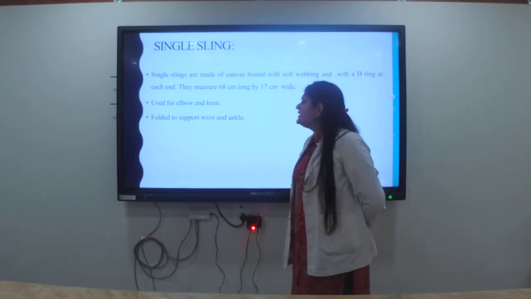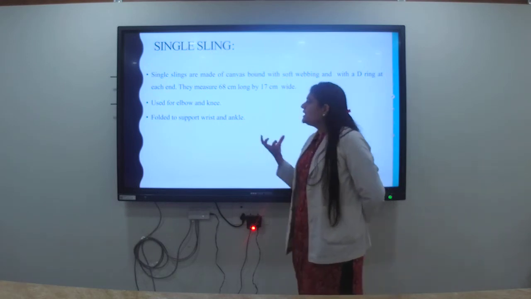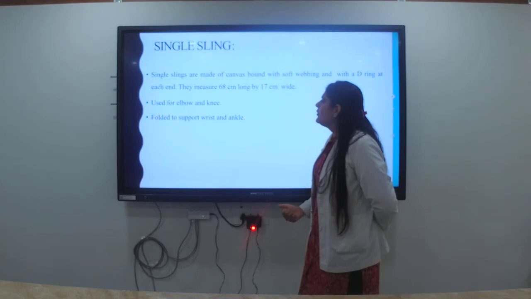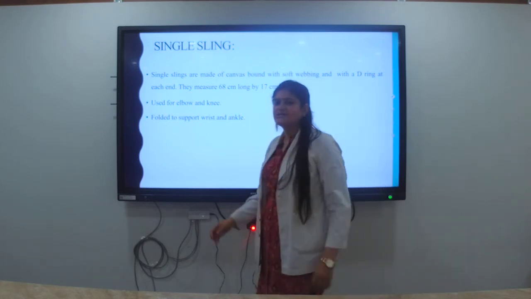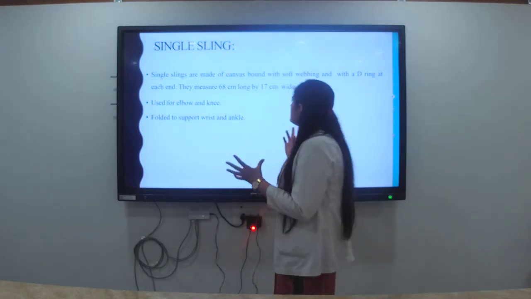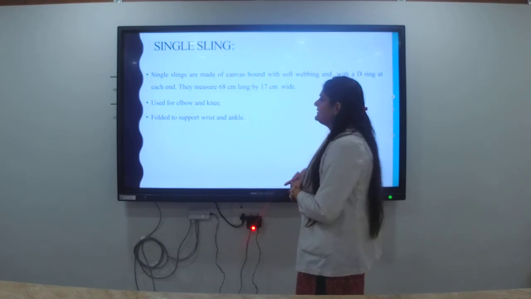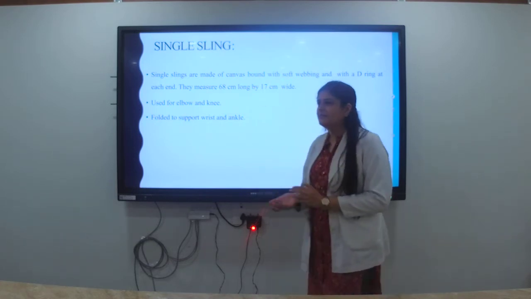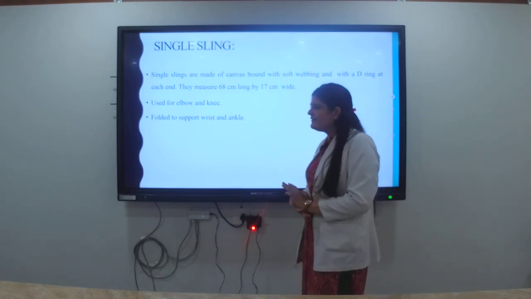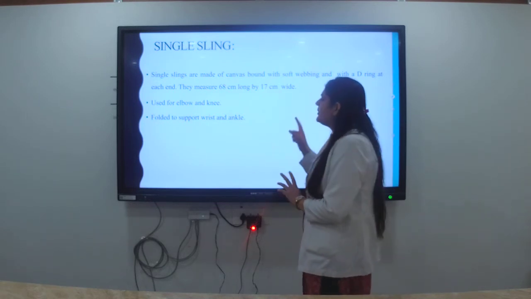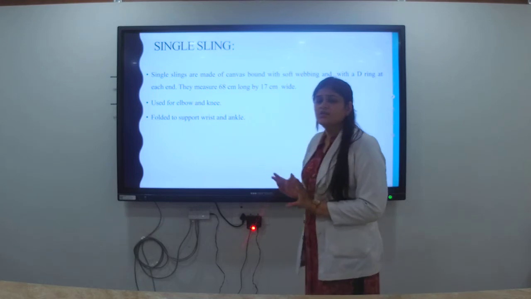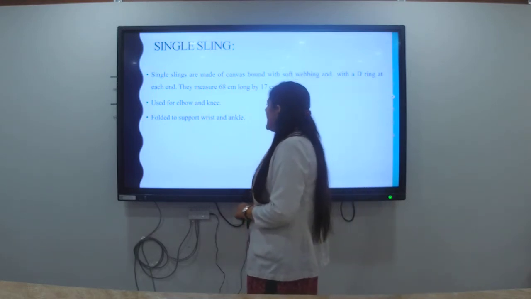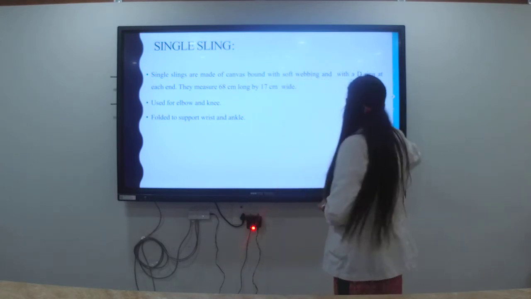They are mainly used for supporting the less heavy joints like your elbow and knee joint, because you just have a small length and a small breadth, mainly the small breadth, as compared to a double sling. So it cannot be used for a very heavy limb, or for a very heavy patient; we prefer a double sling. But for your elbow, the single sling is quite sufficient. Folded, it supports the wrist and the ankle. We will see how in the next slides.